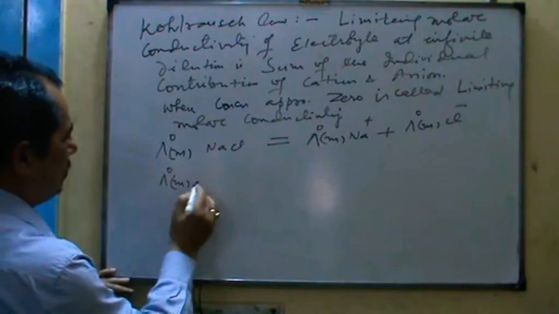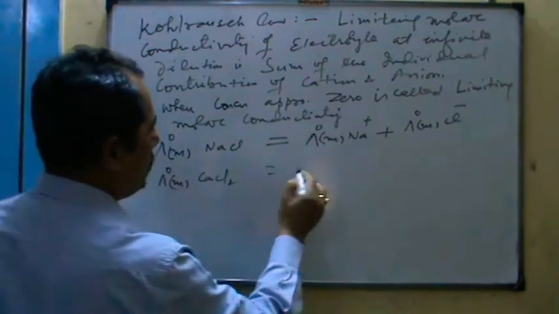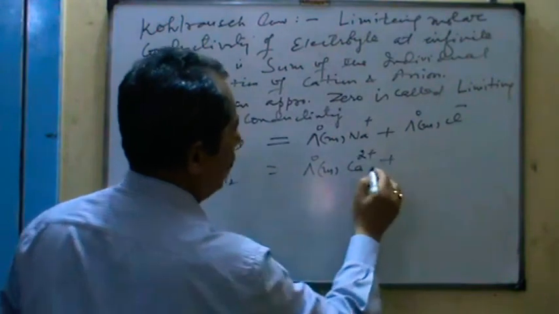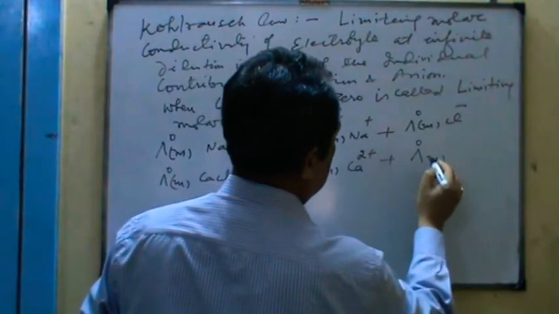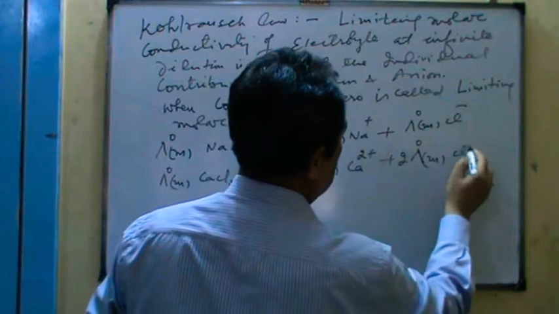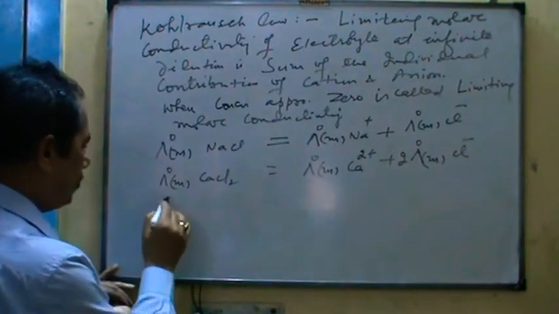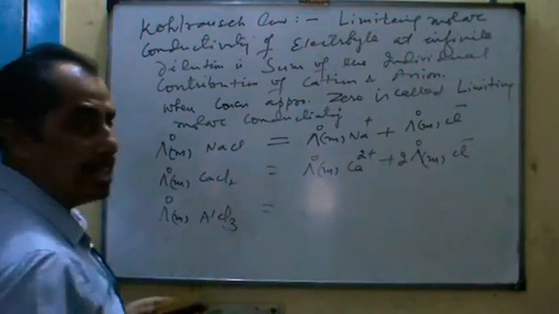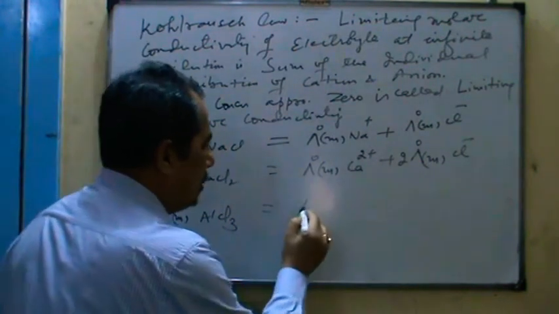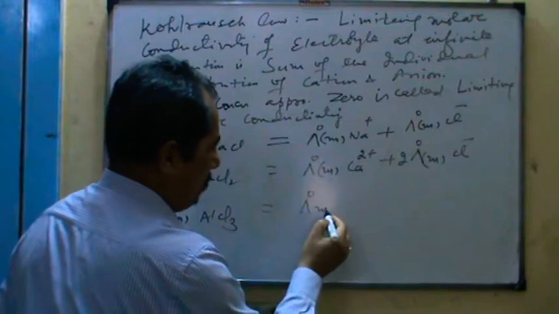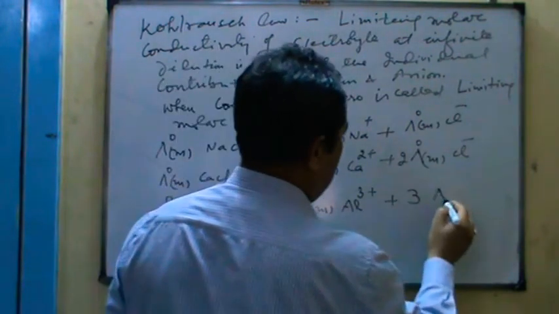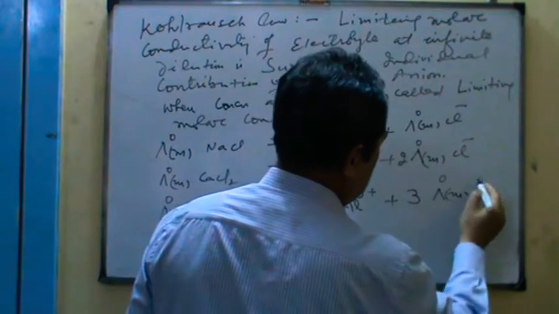Limiting molar conductivity of CaCl2 is limiting molar conductivity of Ca 2 positive plus 2 times limiting molar conductivity of Cl negative. Limiting molar conductivity of AlCl3 equals limiting molar conductivity of Al3 positive plus 3 times limiting molar conductivity of chloride ion negative.